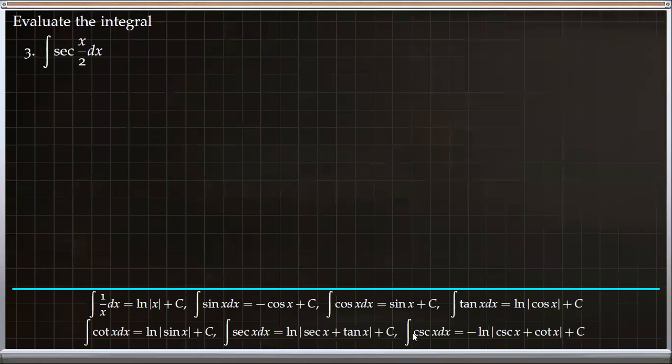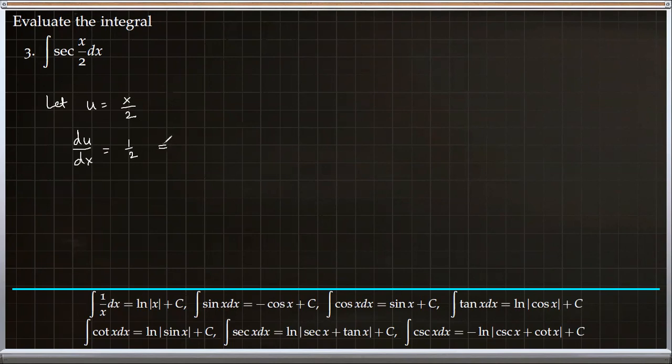This is the next example we have. Here we are trying to find the integral of secant of x over 2 with respect to x. So we start by letting u equal x over 2, and we want to express dx in terms of du. For that, we need to find du by dx, which will be simply 1/2.